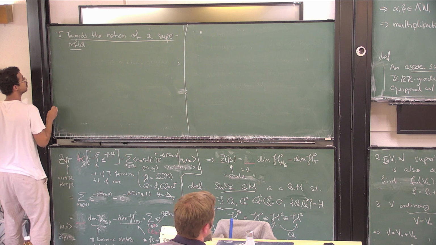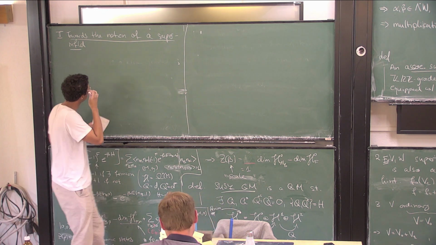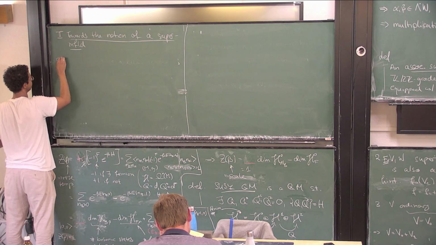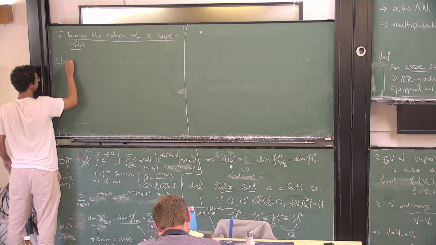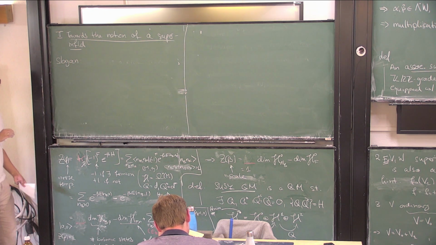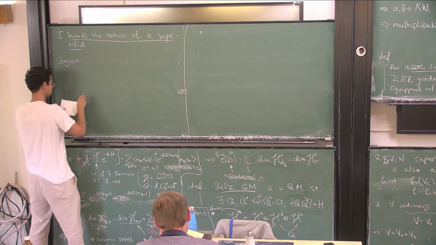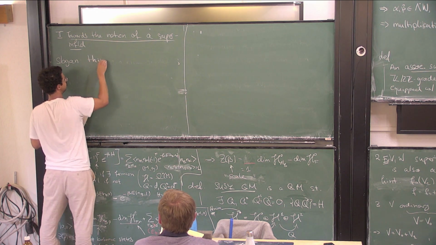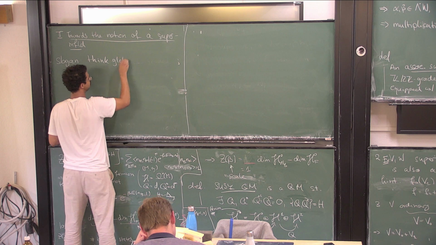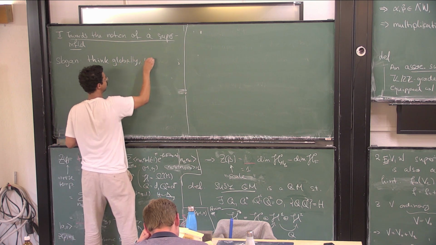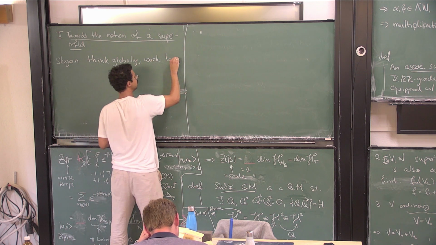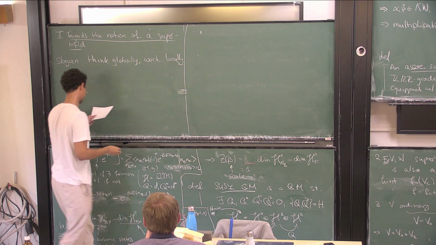So, in differential geometry, I would say, or I heard, always refer to authorities, right? So there's the slogan that you may or may not think globally, but you work locally, right?